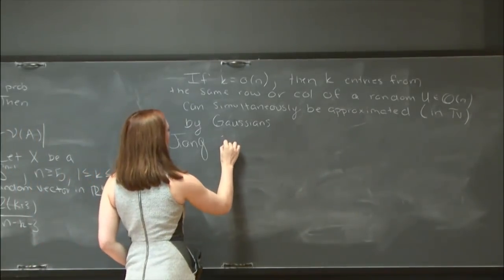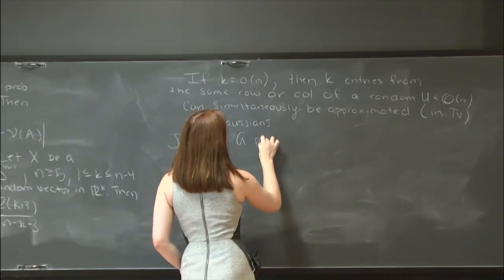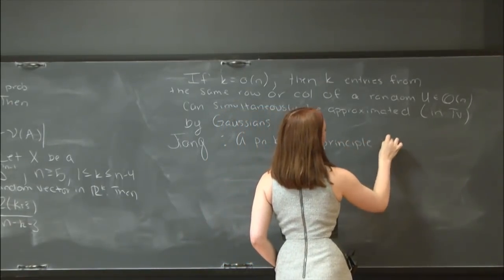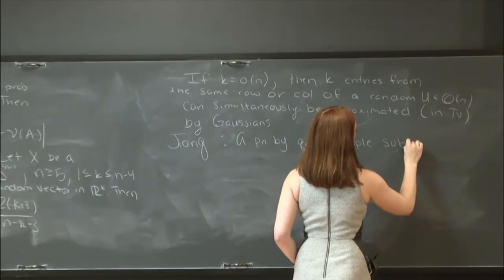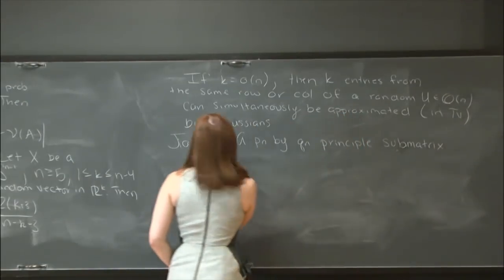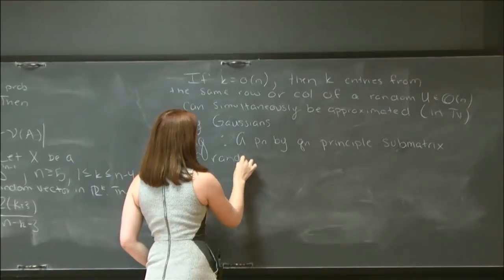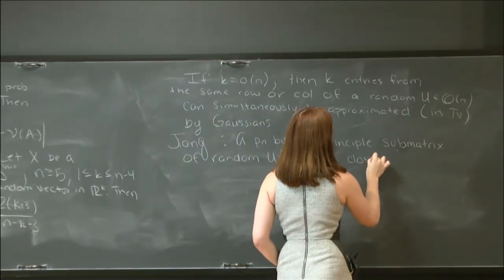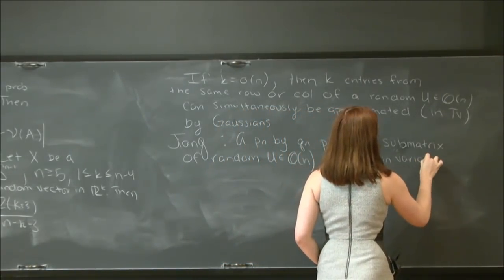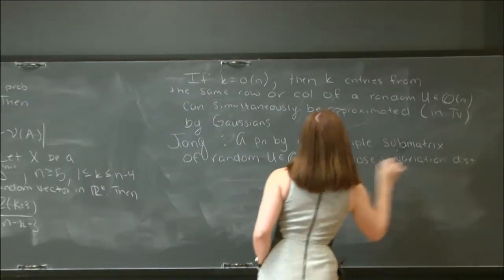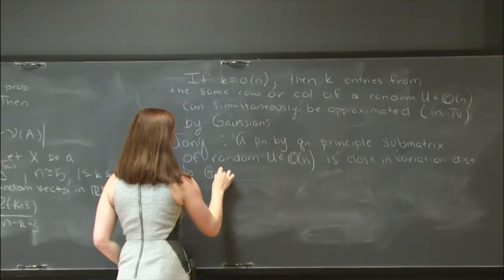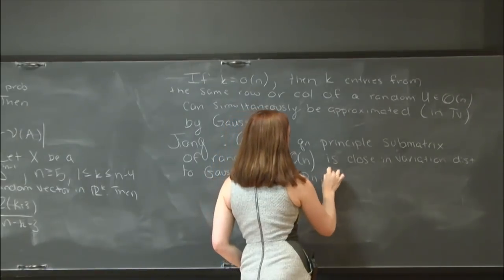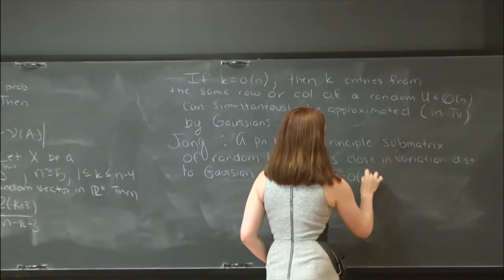So what Jiang showed was that a p_n by q_n principal submatrix of a random orthogonal matrix is close in variation distance to a Gaussian matrix when the dimensions p_n and q_n are both little o of root n.